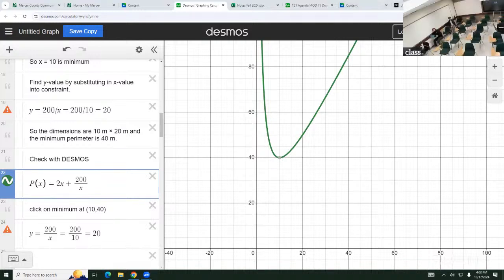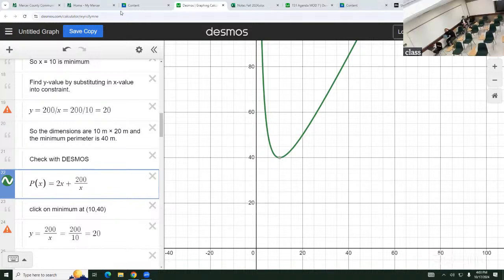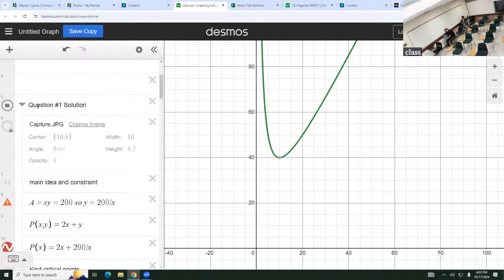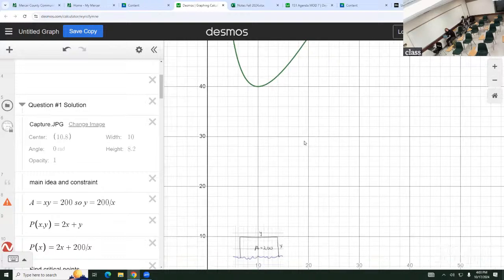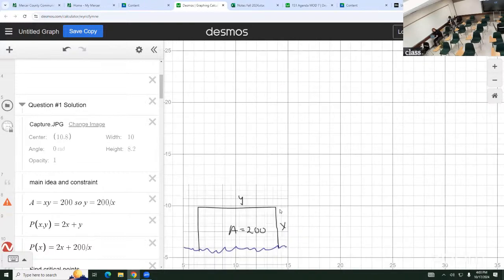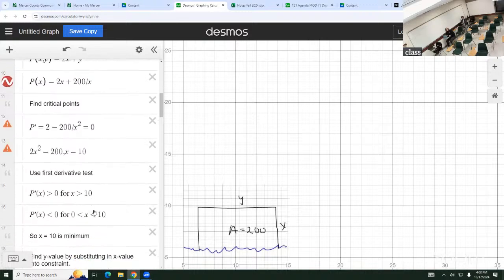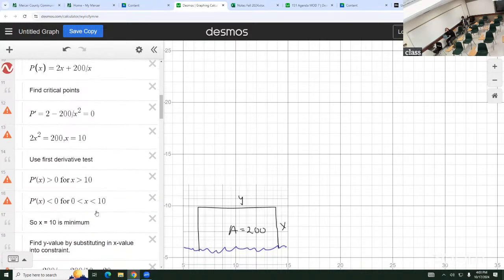All right. So you didn't see the picture before, so let me show you the picture. This is a picture of the setup. It's just a stream with an X, a Y, and an X, and the area is 200. Once you find it, you have to answer the question.